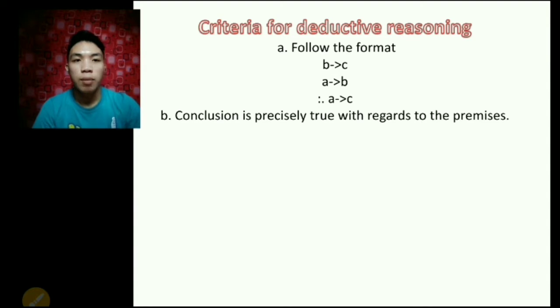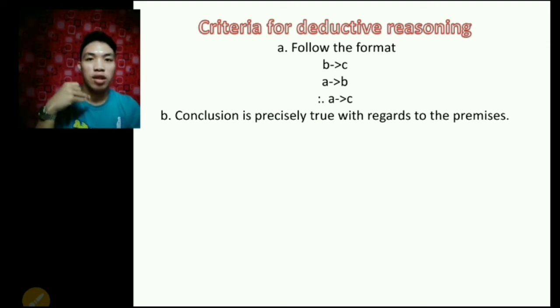Now, when I was reading this topic, I realized that there are criteria that deductive reasoning follows. I actually made this just for me to easily identify what a deductive reasoning is.